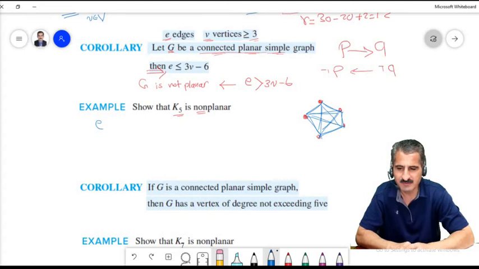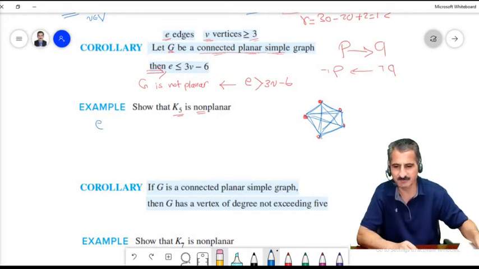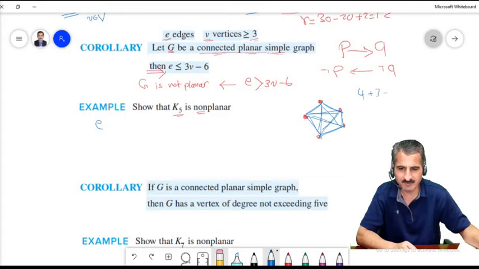Is that true? 4 plus 3 plus 2 plus 1. Did I miscount? Is it 10 or 9? I get 4 plus 3 plus 2 plus 1. That's 10, right? Because the first vertex is connected to every other one, that means I have 4 edges.